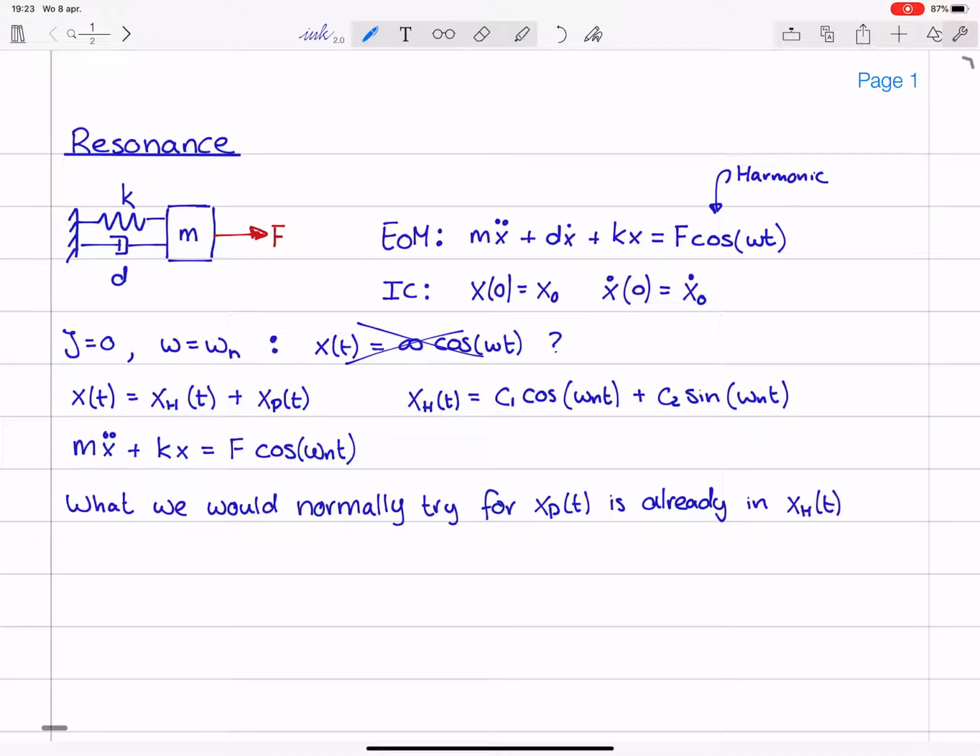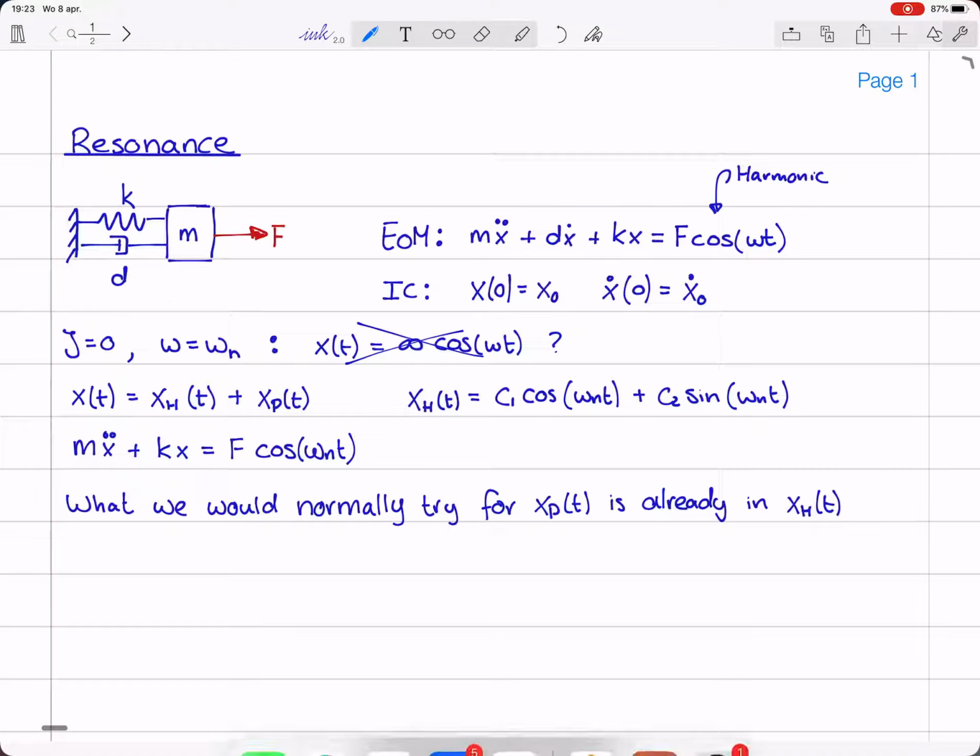So that means if we try this particular solution, substitute it in the equation of motion, the result will be 0 and not F cosine omega t. So clearly this does not work for the case that zeta is 0 and omega is omega n.